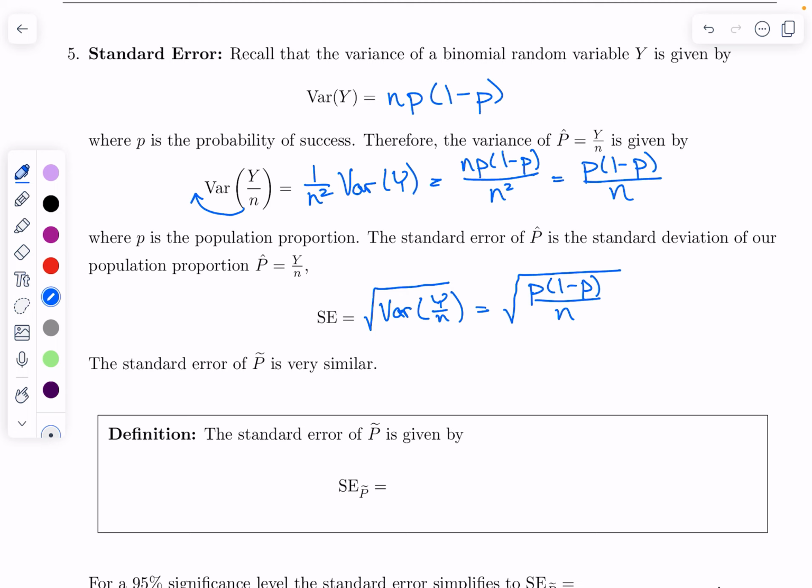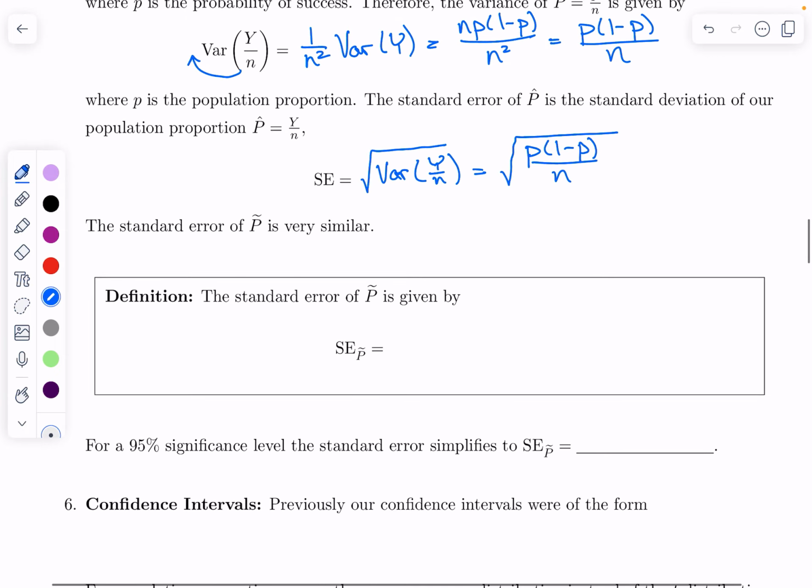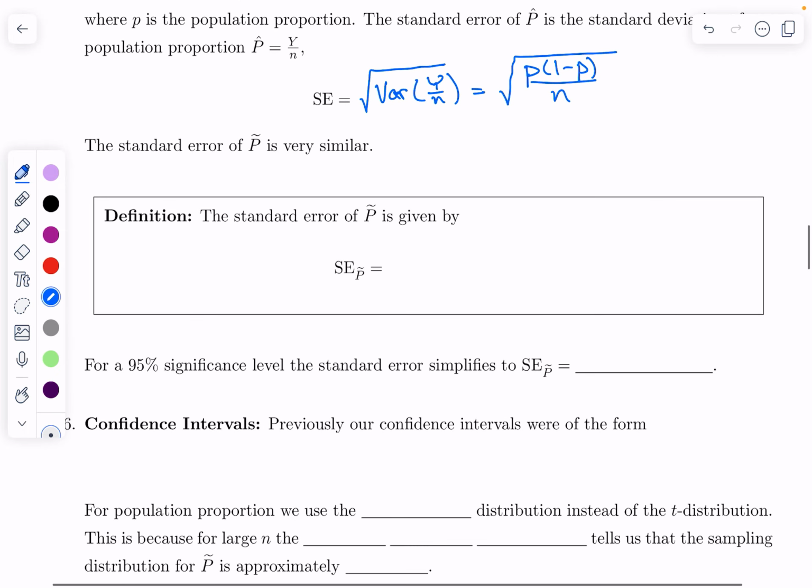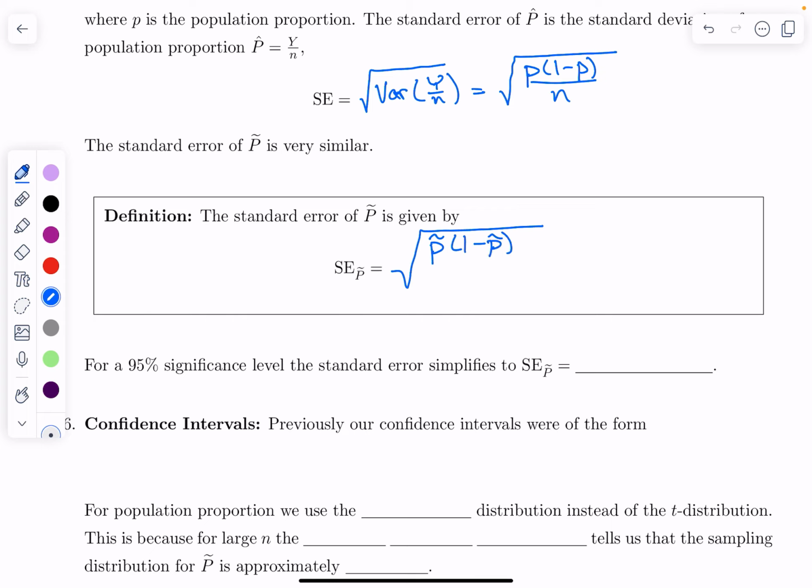Now, I did this for p hat, but I also could have done this for p tilde, and I'll show you that the result is similar. So the standard error of p tilde turns out to be the square root, and the numerator is similar, p tilde times 1 minus p tilde.